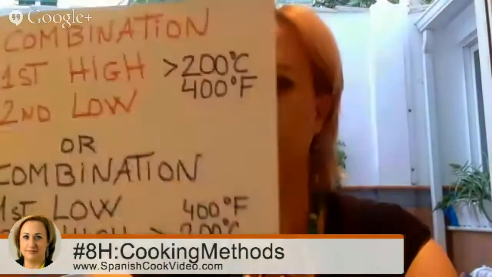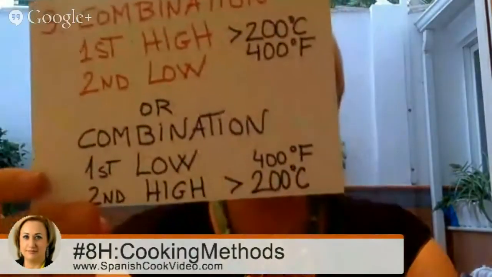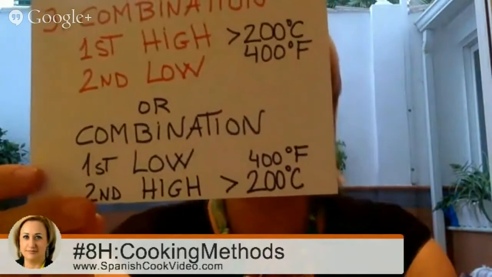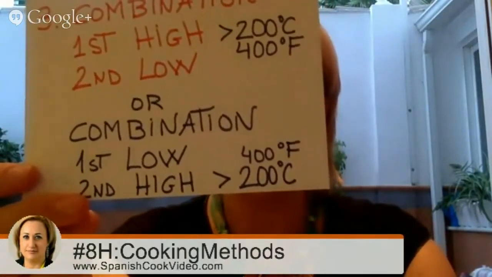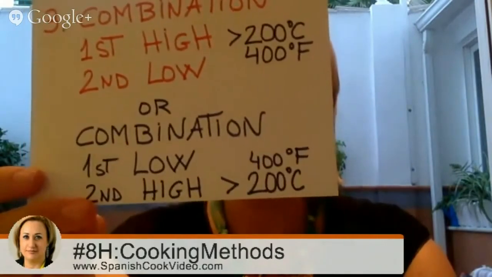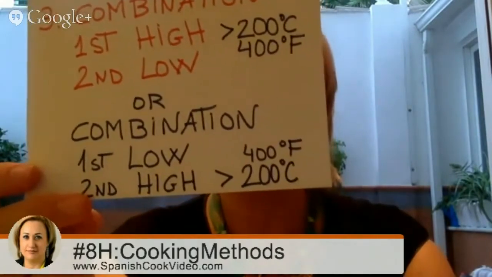Well, the third is a combination of both temperatures. It uses high heat just at either the beginning or the end of the cooking process, with most of the cooking at the low temperature. What I mean?